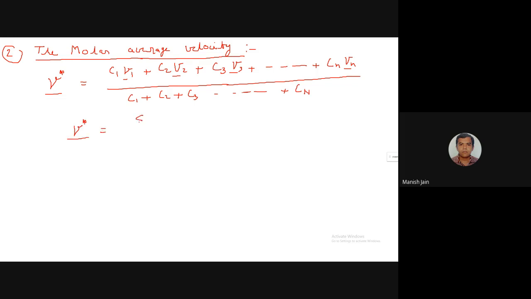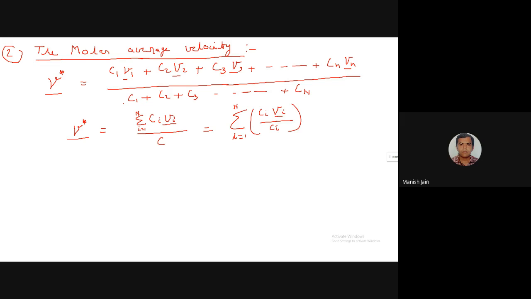It is the summation of Ci Vi divided by C, or you can write the summation from i equal to 1 to n of Ci Vi divided by the summation of Ci, because C equals the summation of the Ci's. This is the molar average velocity. This is the hypothetical velocity.